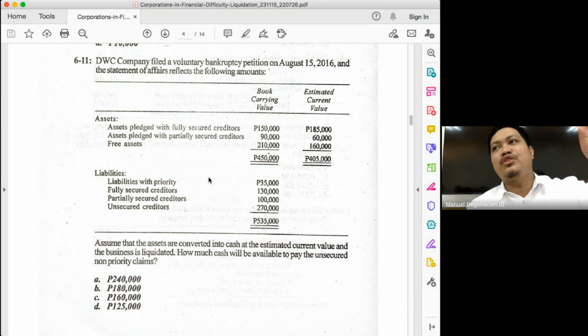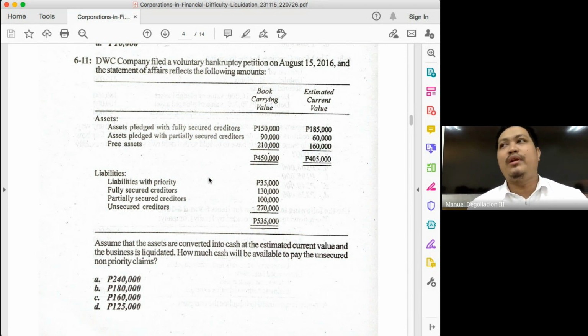Again, what are these 4 questions? Payments to fully secured, partially secured, unsecured with priority, and unsecured without priority. And 2 out of these 4 will get 100% of their claim. No need to compute. You are expected to know that they will get full amount of their claim. And who are these 2 kinds of creditors? Your fully secured and your unsecured with priority.